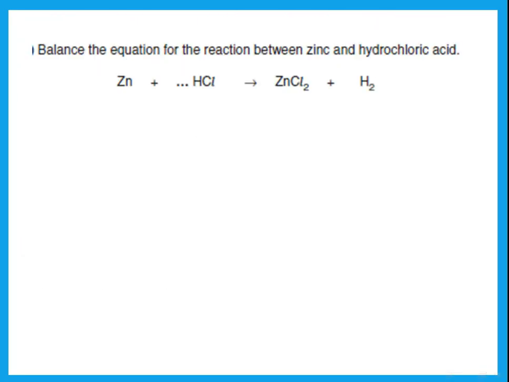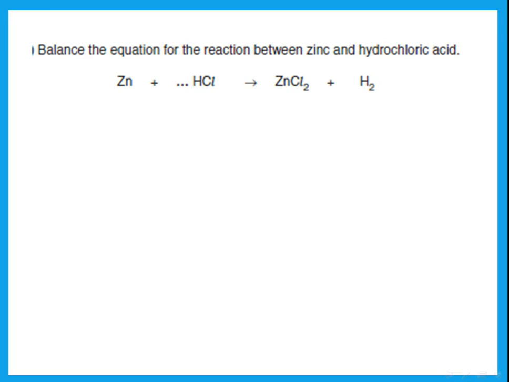So let's try balancing these equations. When you balance any equation, you look on both sides of the arrow. Can you see where the arrow is? Anything before the arrow is called reactants, and anything after the arrow is called product. The total number of atoms in the reactants on the left side of the arrow has to be equal to the total number of atoms on the other side for each element.